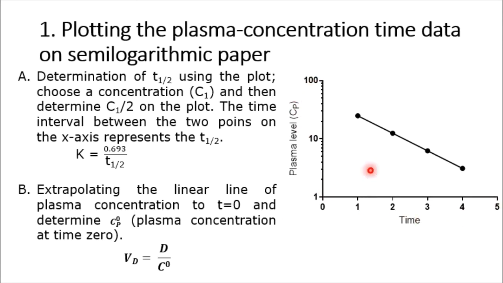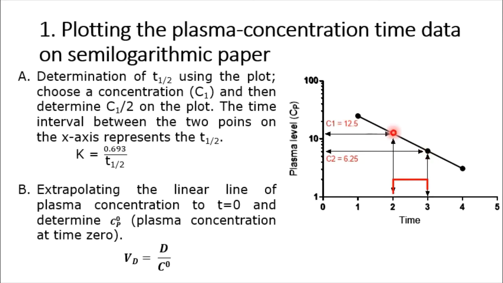If we have 2 points or more, the plasma concentration time curve should appear as a straight line. If we take 1 point here, consider that the first point is 12.5, then we just halve this concentration, and we should plot a point at 6.25.